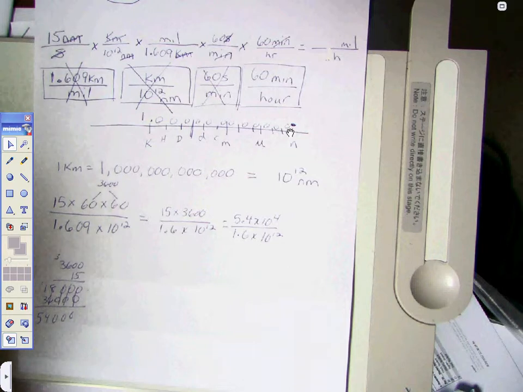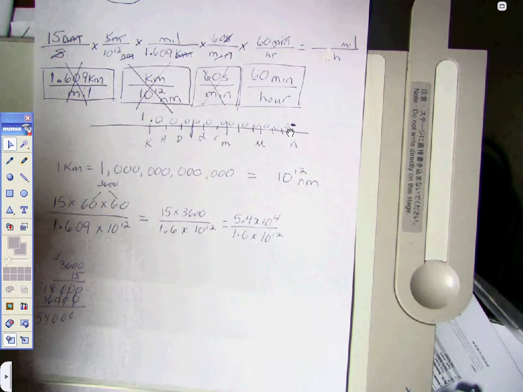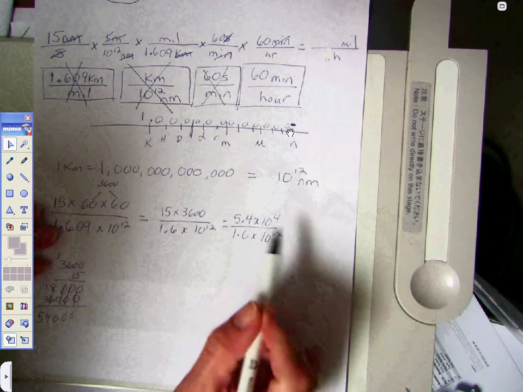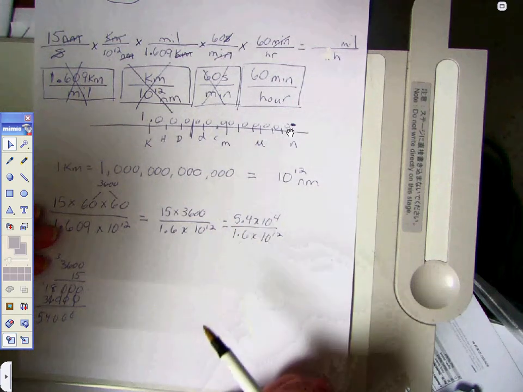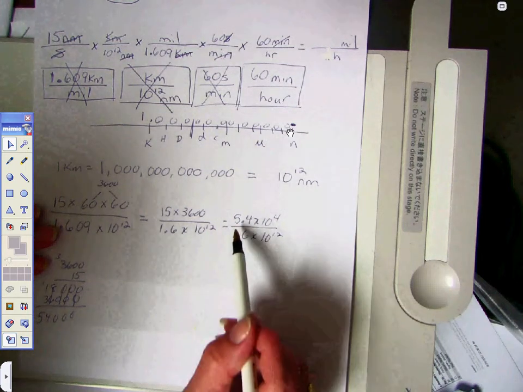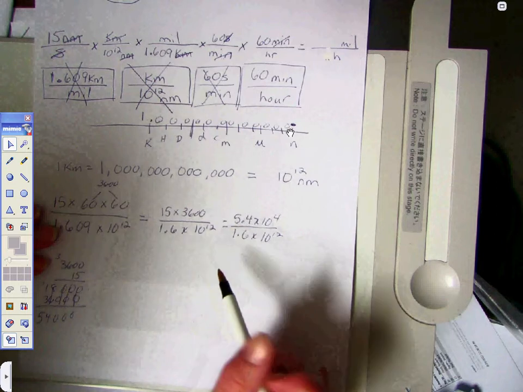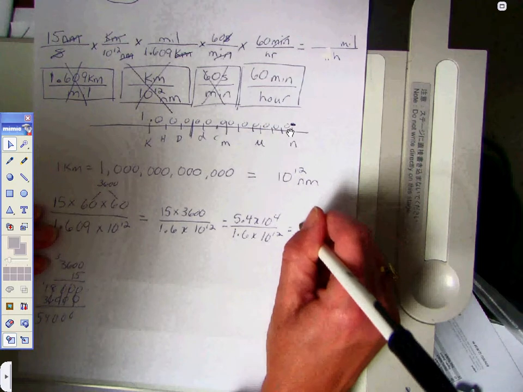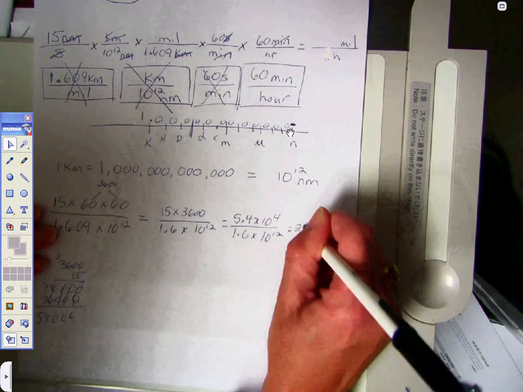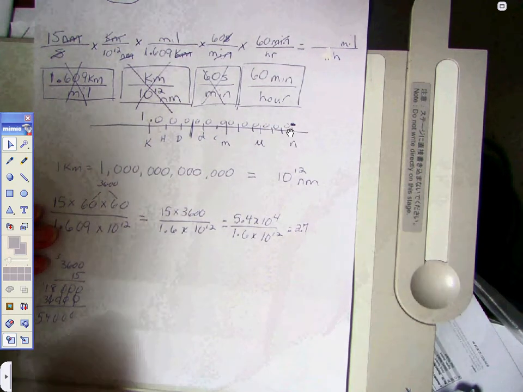So at this point, I'm just saying, basically, what's 54 divided by 16? But I got a decimal in the middle. If I reduce both of these numbers by 2, 54 divided by 2 is going to equal 27, right?